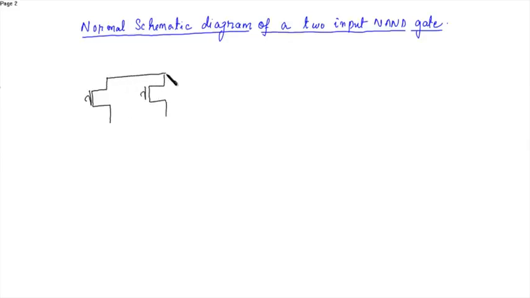The sources of the PMOS are connected to VDD. So this is VDD. And the two NMOS are connected in series, and connected to ground.